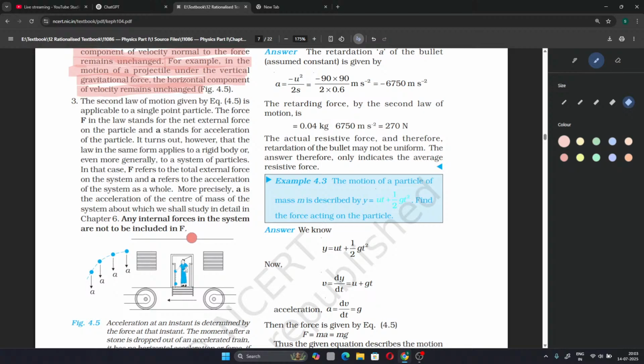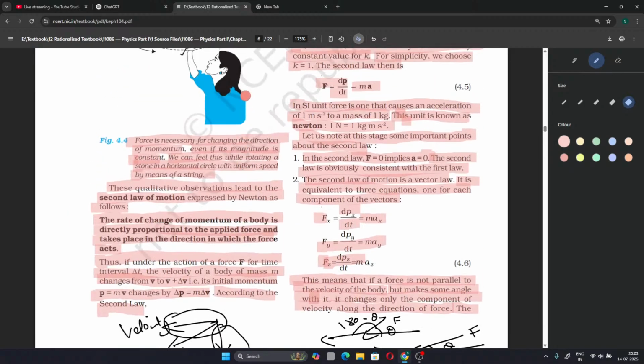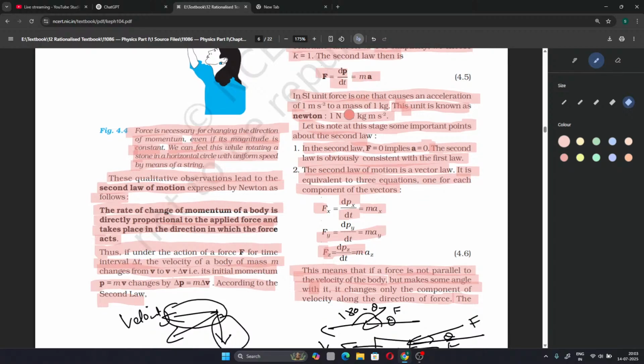It will continue like that. Only the vertical component, which is influenced by the gravitational force, will change. The third point is the second law of motion given by equation 4.y. 4.y is force equals dp by dt, which equals mass times acceleration.